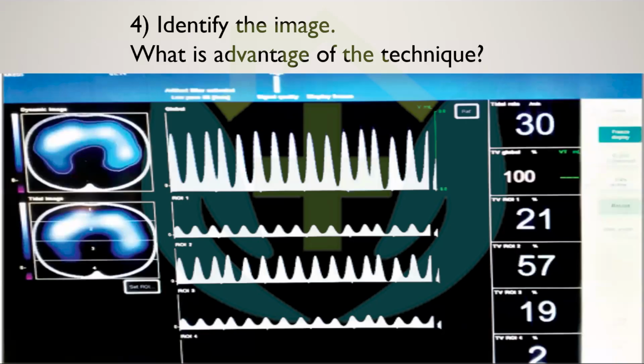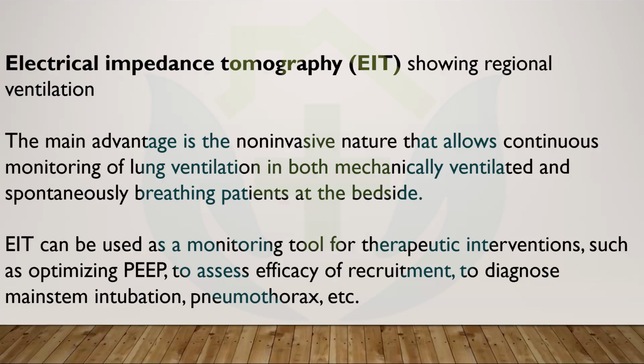Next, identify the image. What is the advantage of this technique? A tough kind of question. Usually it doesn't come, but still I have kept it just for your practice. What is going on here is called electrical impedance tomography, which shows regional ventilation. It is a very latest technique.